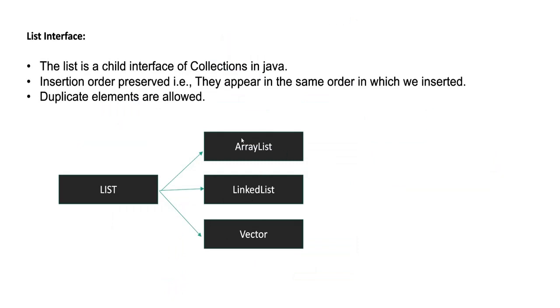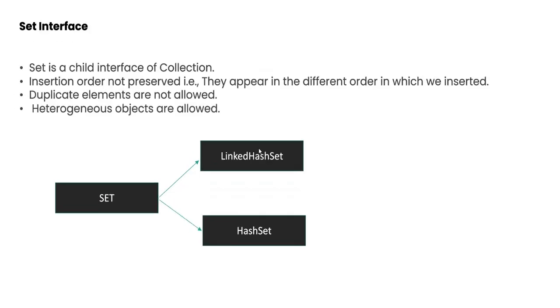We will study these further, but these are the classifications we have in List. Under these classes, you can find methods like insert, in the sense of add, or delete. Such actions can be performed using ArrayList and LinkedList.